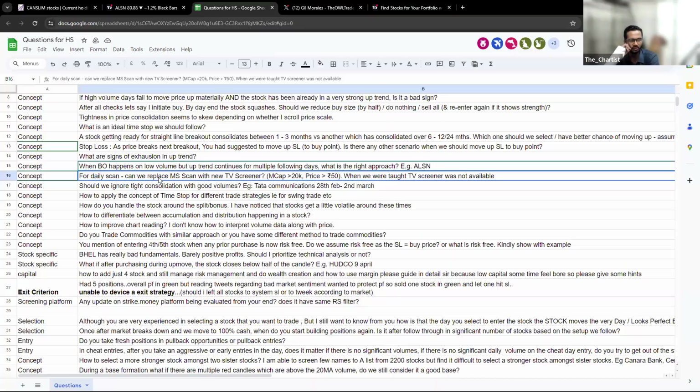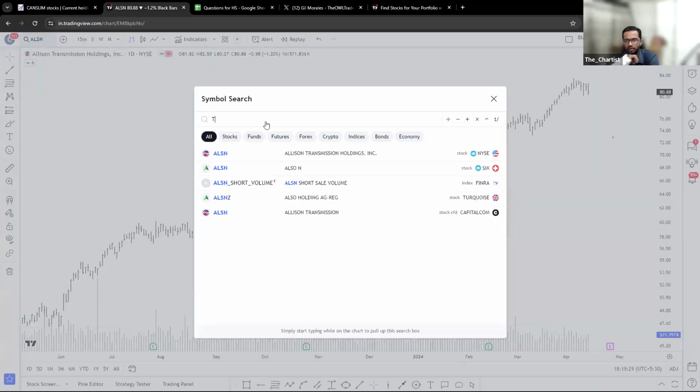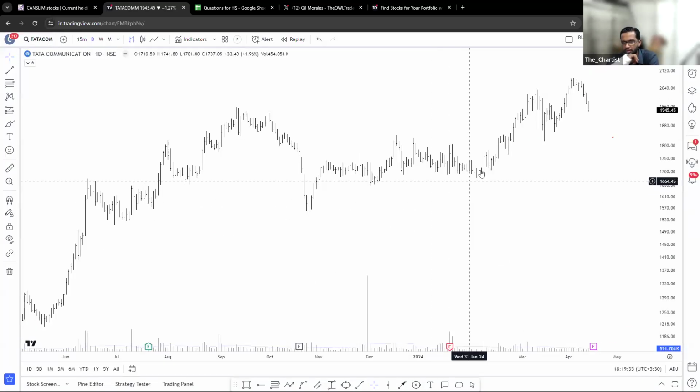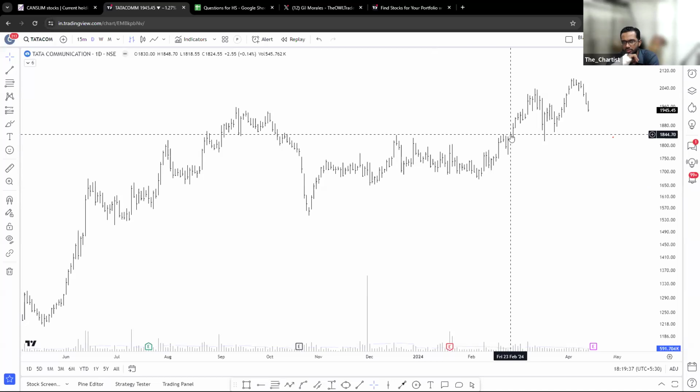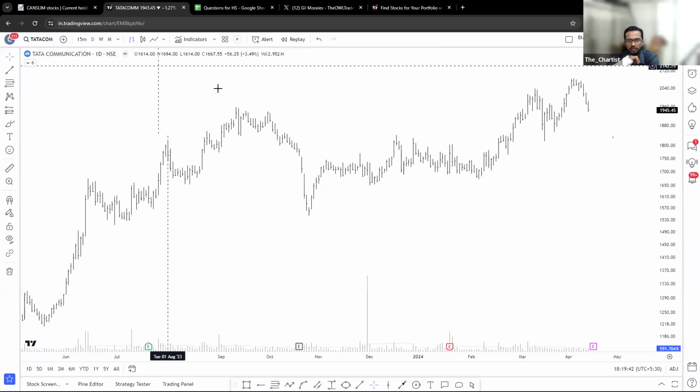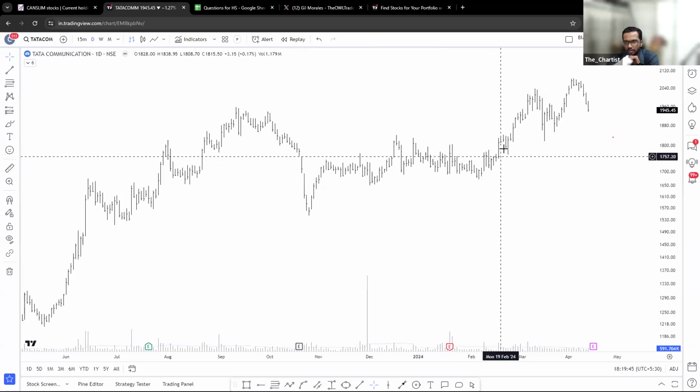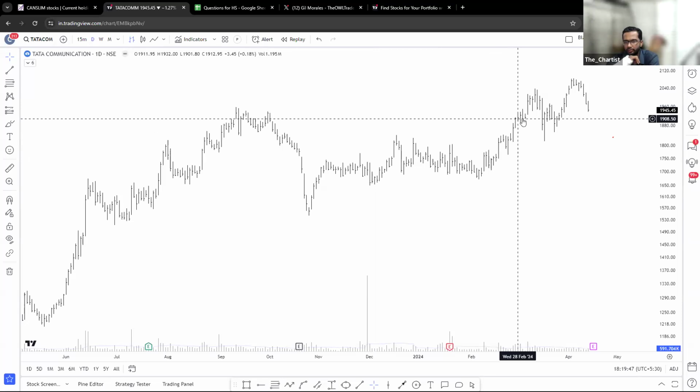Should we ignore tight consolidation with good volumes? Why do you want to ignore? Tata Communication, 28th Feb to 2nd March.